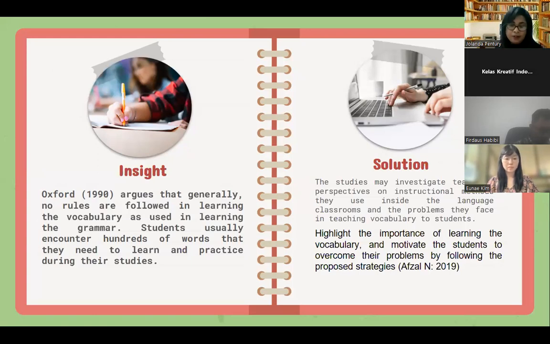And then the solution. The studies investigate teachers' perspectives and the instructional methods they use inside the language classroom, and the problems they face in teaching vocabulary to students.